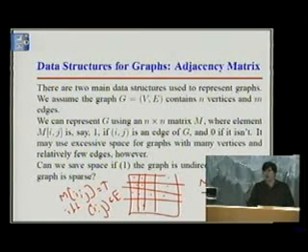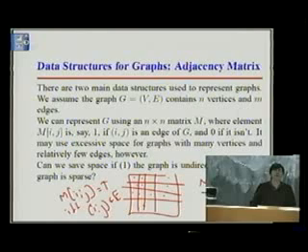N squared. If you have a dense graph, what's the smallest amount of memory you could hope to use to represent it? N squared, right? If you've got order n squared edges, you have to do something to say, hey, this is an edge. So for a dense graph, an adjacency matrix doesn't take up too much memory.